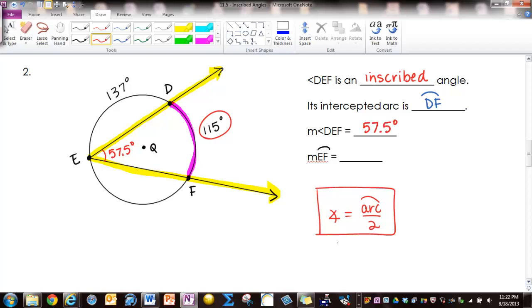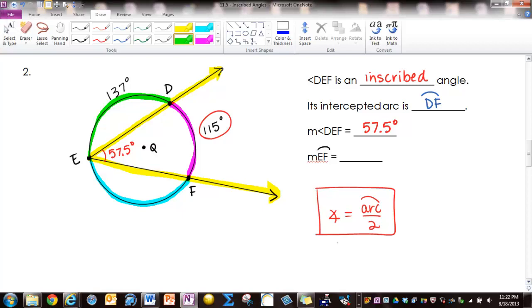Last, we're asked to find the measure of arc EF. Arc EF is being traced in blue. And if you notice here, the purple arc, 115 degrees, and this green one up here, which is 137 degrees, and the blue one, all together make an entire circle.